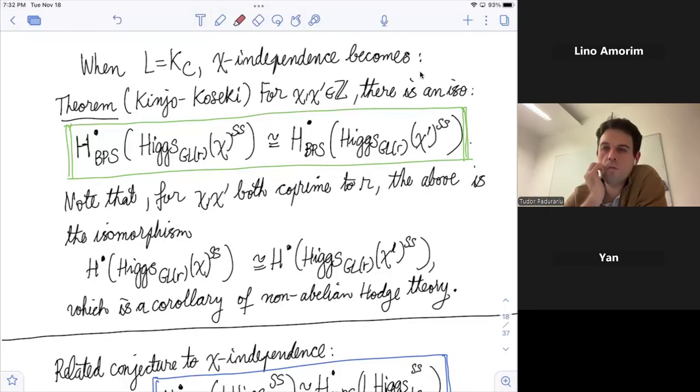I guess the first thing would be to have a clear construction of the moduli space.